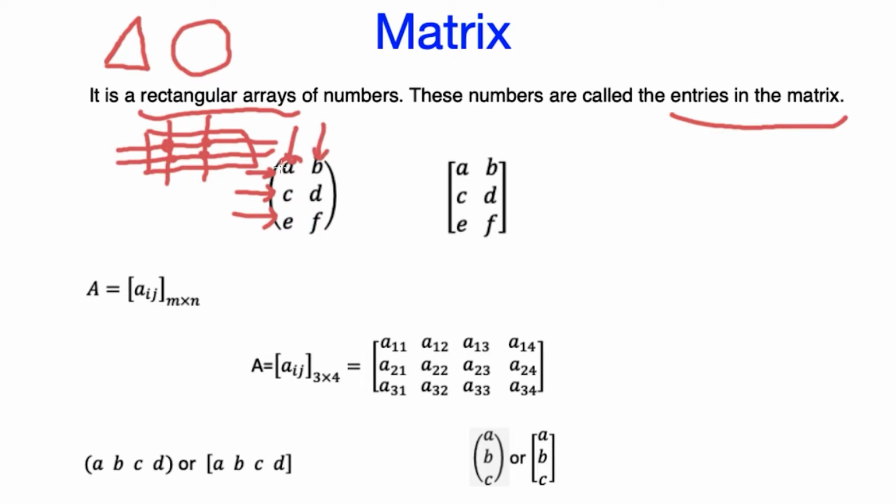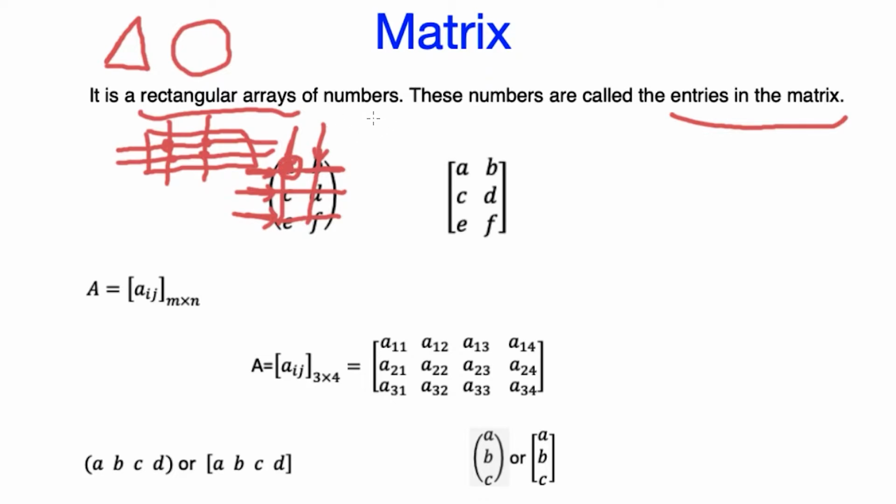At each intersection of a row and a column, we have an entry of this matrix. And this can be any number, so it can be a real number or a complex number.